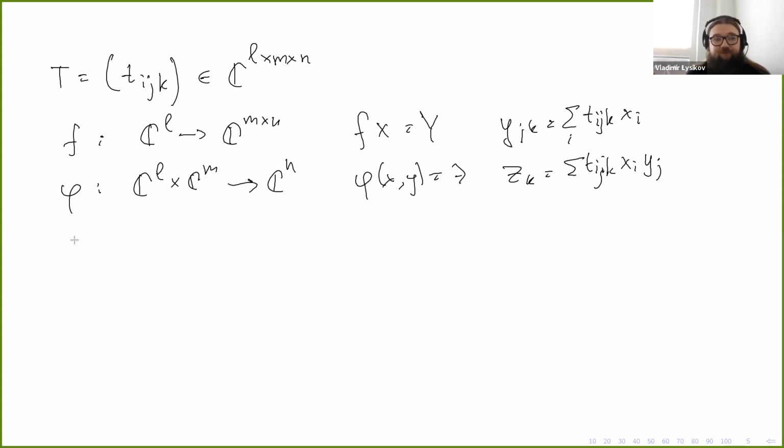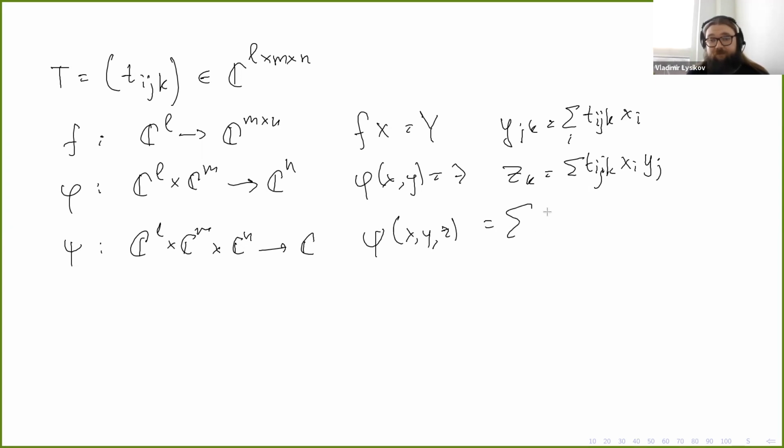Or we can use it to define a trilinear map, let's say psi, which is also defined by this set of coefficients.